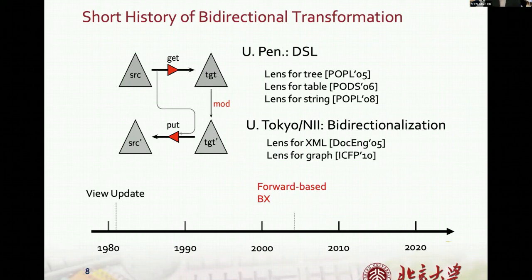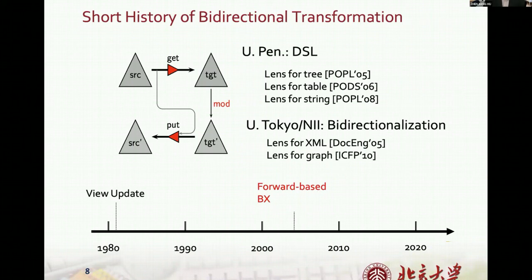Can we bidirectionalize that so that the backward semantics will be automatically derived? And not only for XML, there are also many queries on graphs. Can we do that? So we did some work on this. But all these approaches say: let the user write the forward, and automatically obtain the backward.